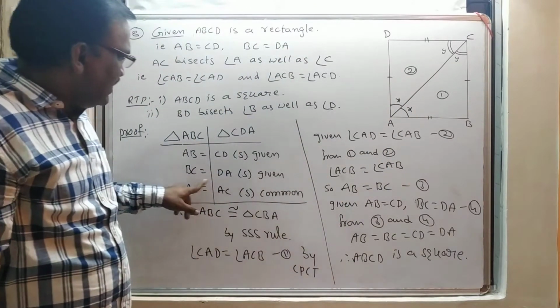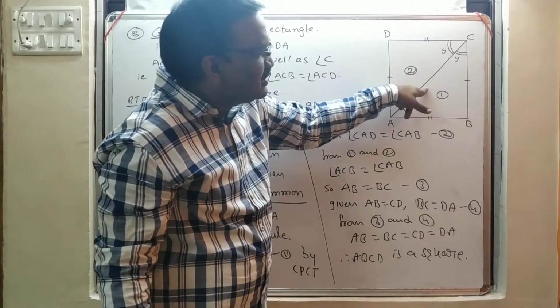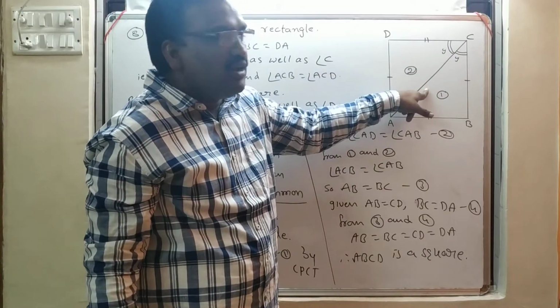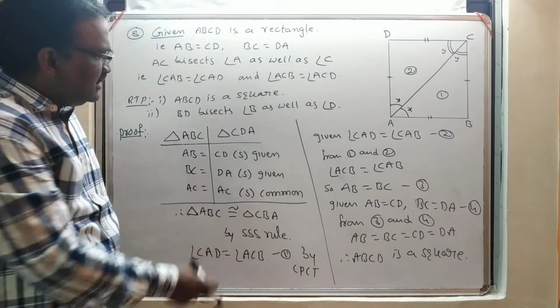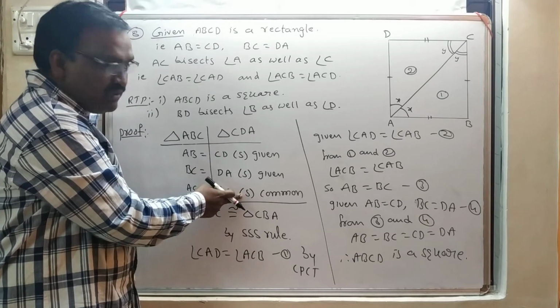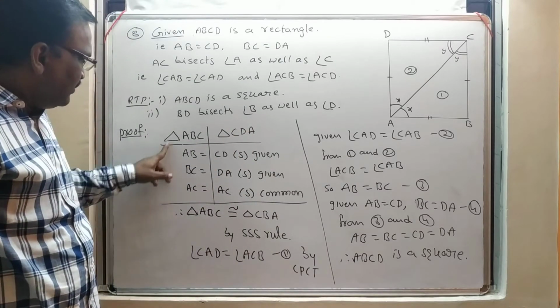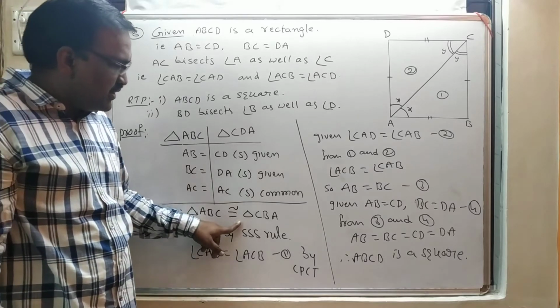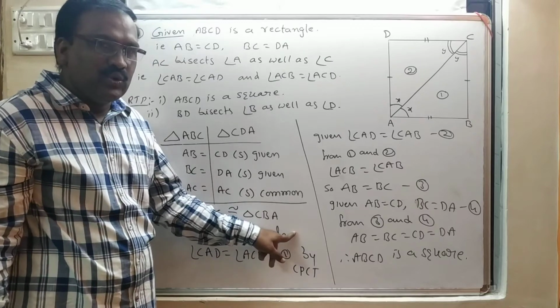Next, third condition, AC is equal to AC, the common side. See, side, side, side. By the SSS congruency rule, these two triangles are congruent. Therefore, triangle ABC is congruent to triangle CDA by the SSS rule.